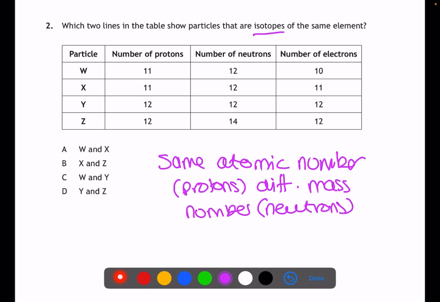So we need to have a look at the table and see which ones of these match. Here, W and X have the same number of protons, but they also have the same number of neutrons, so are not isotopes. Y and Z have the same number of protons, but different numbers of neutrons, and therefore would be isotopes. This gives us an answer of D.